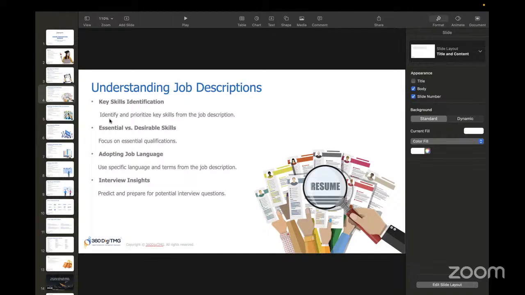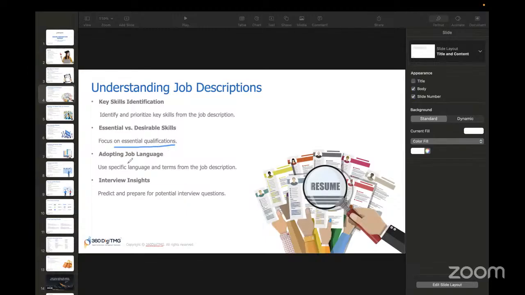So you have to match your skills with the job description mentioned. Also focus on the essential qualification, whatever qualification they have told you about, like BTech, MTech, whatever.